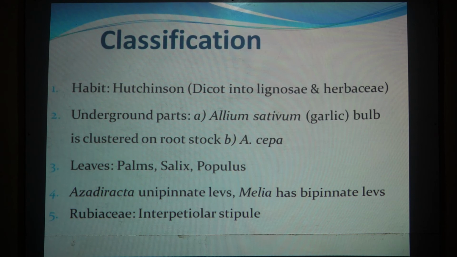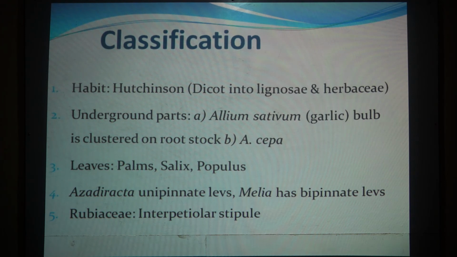It also gave due importance to morphology along with anatomy, embryology, and the presence or absence of flowers as the main criteria. On the basis of these criteria, the whole plant kingdom was divided into phanerogams and cryptogams. The phanerogams were again classified into gymnosperms and angiosperms, only on the basis of seed morphology, whether seeds are enclosed in the ovary or exposed outside.